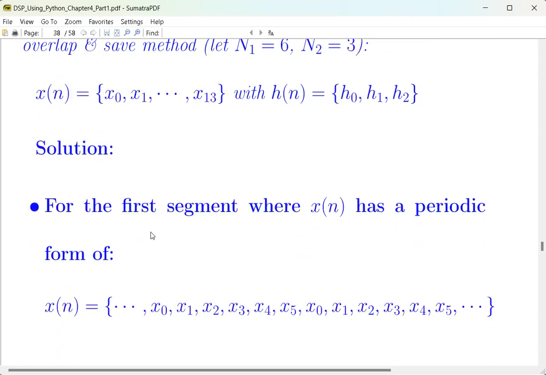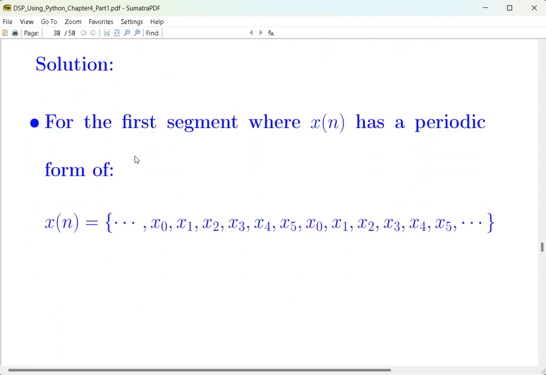Now the solution. For the first segment, x of n has a periodic form, this time please be careful: x0, 1, 2, 3, 4, 5, 0, 1, 2, 3, 4, 5. No zero inserted here. Okay?